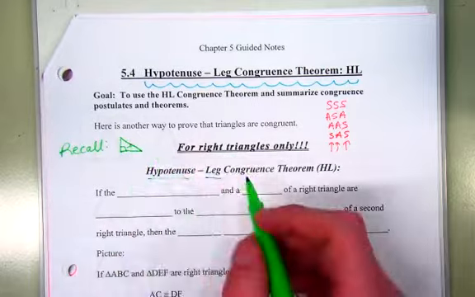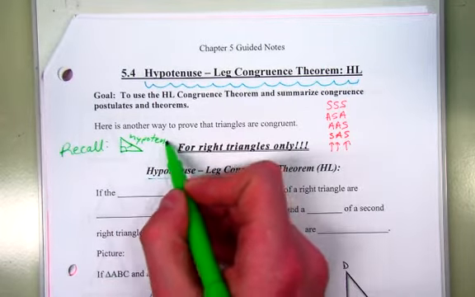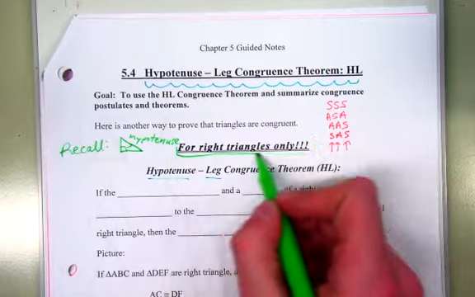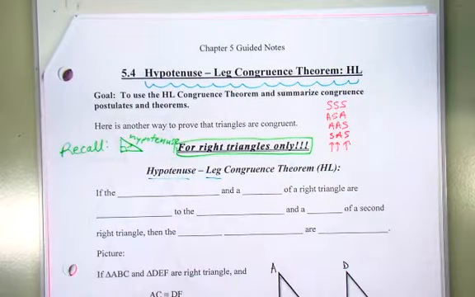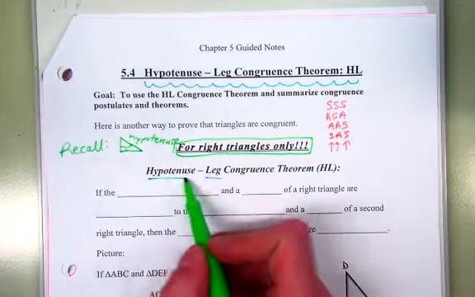So for these, we're going to need a right triangle. We need to have a right triangle in order to use the hypotenuse leg congruence theorem, because only right triangles have a hypotenuse.